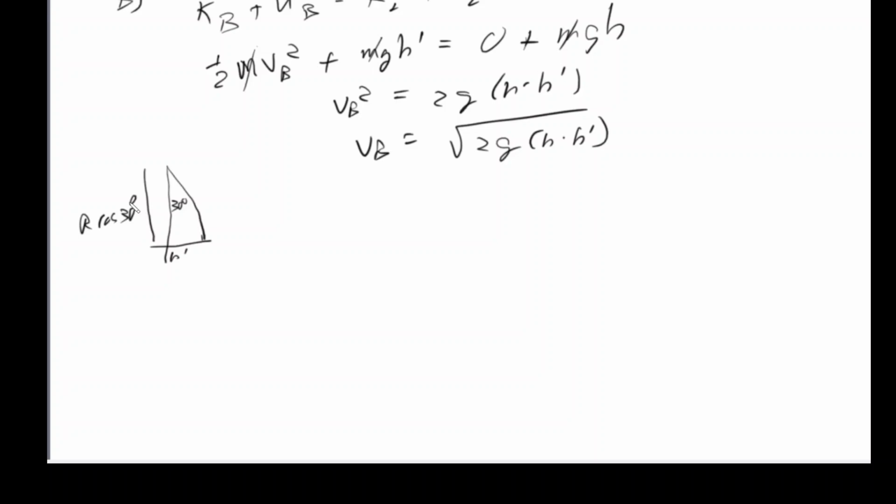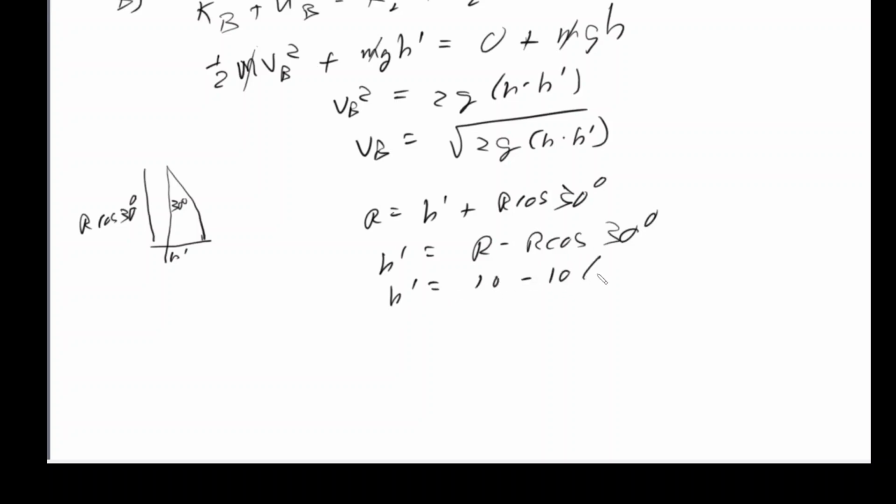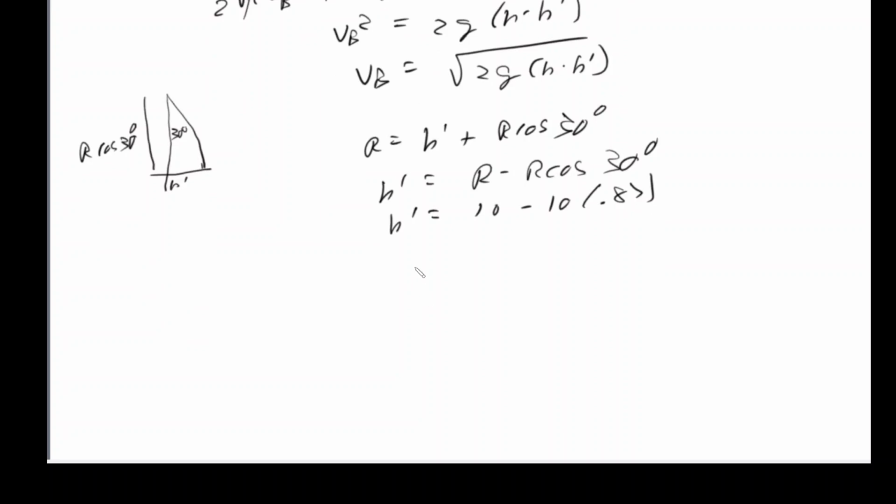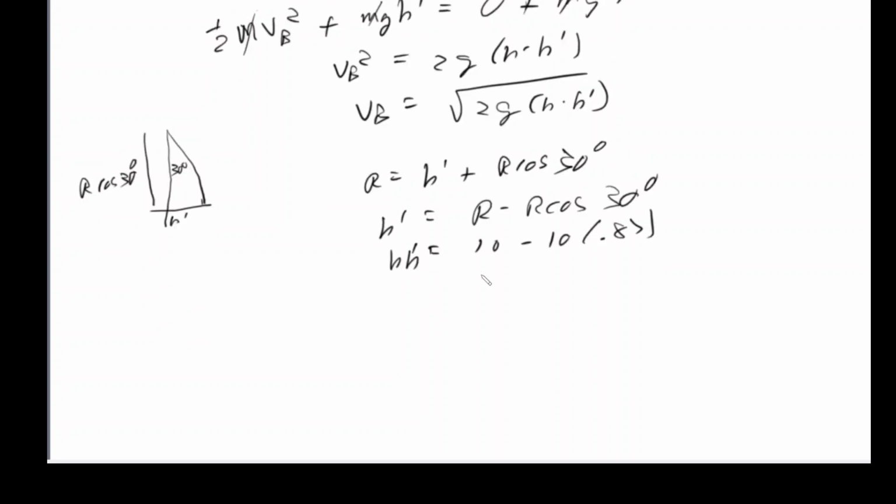So similar to part 1, we know that r is equal to h prime plus r cosine 30 degrees. H prime is equal to r minus r cosine 30 degrees. H prime is equal to 10 minus 10 times 0.87. And if you follow this through, H prime is equal to 1.3 meters.